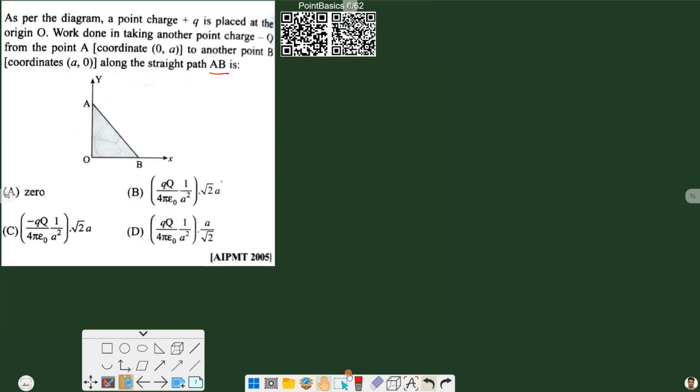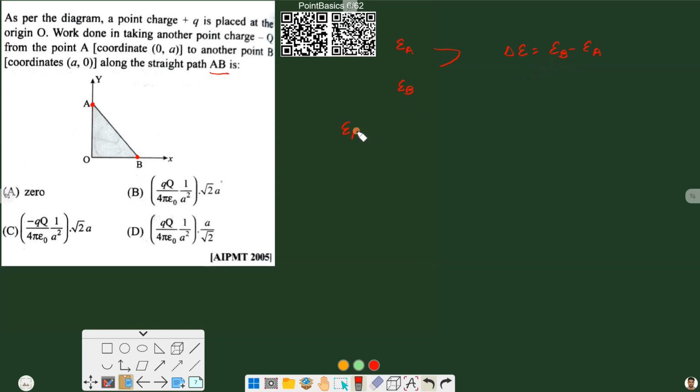So it is like a state function. So to find out the work done, we can find out the energy of the particle at point A, EA, and the energy of the particle at point B, EB. After calculating both of these, work done will be the difference of both, so EB minus EA.